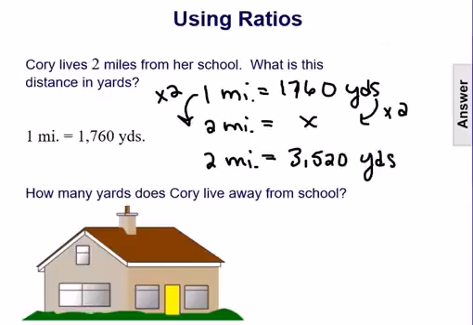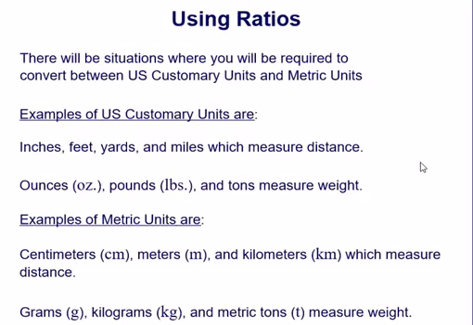So you can see we can be using these ratios and comparing them and finding different factors in order to look at a rate in a different way. Using ratios, there will be situations where you will be required to convert between U.S. customary units and metric units.